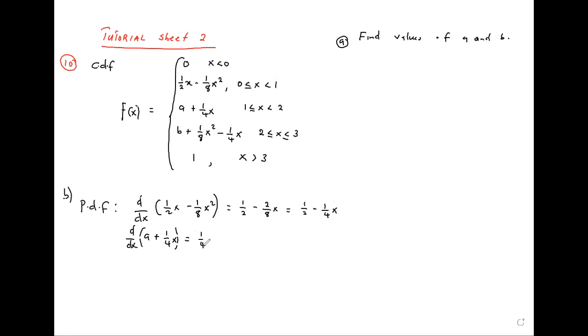We do the same to the other piece, B plus 1/8 x squared minus 1/4x. We get 1/4x minus 1/4. To differentiate 1, we get 0. That's why we say 0 otherwise.